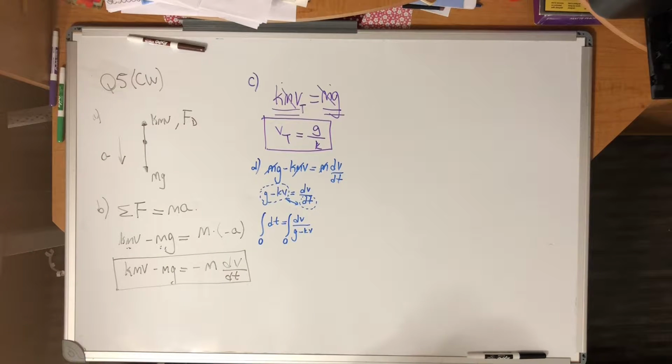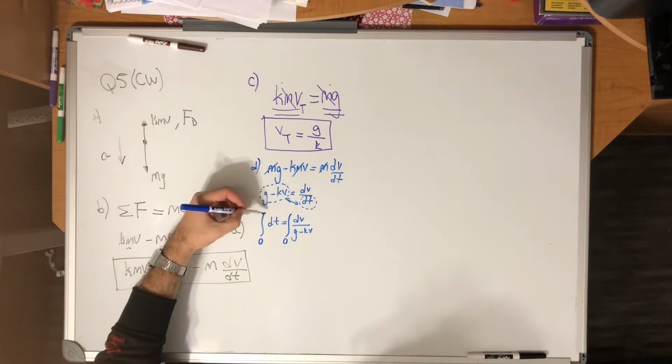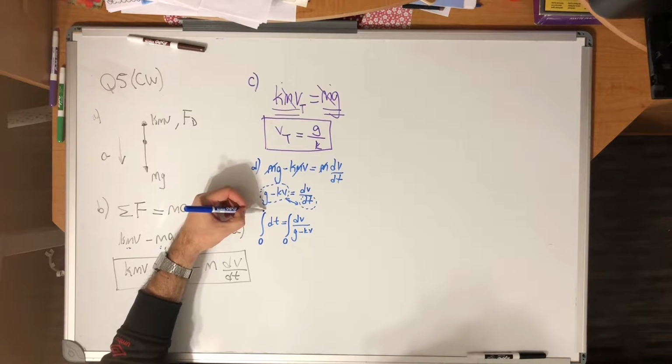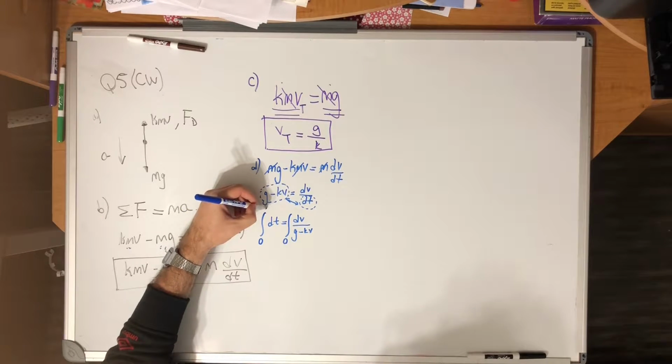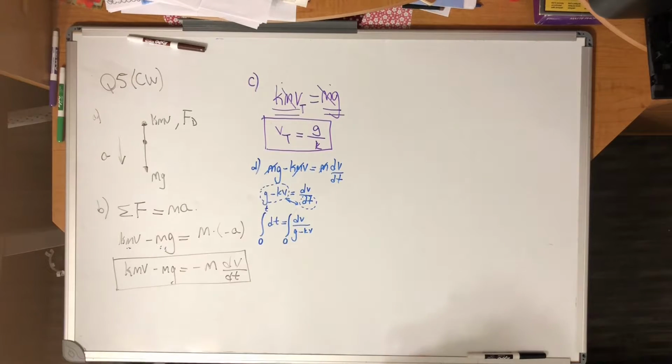Then what are we trying to figure out? When they're asking for a function like velocity as a function of time, that means I am not talking about a certain time, like 3, 4, 5 seconds. I'm talking about any time. So to represent that, you just put t.